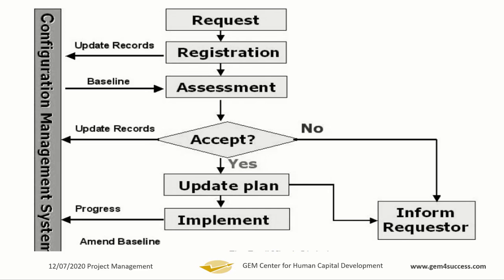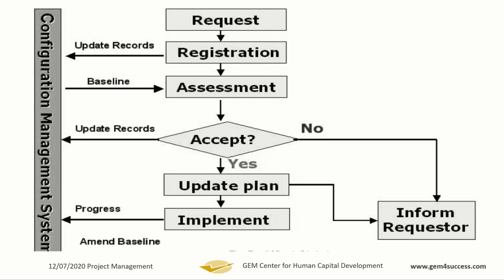And then once you have updated the plan, go ahead to do the amendment. So all of these are tightly related to ensuring that the configuration management system is updated and the necessary processes are followed throughout.